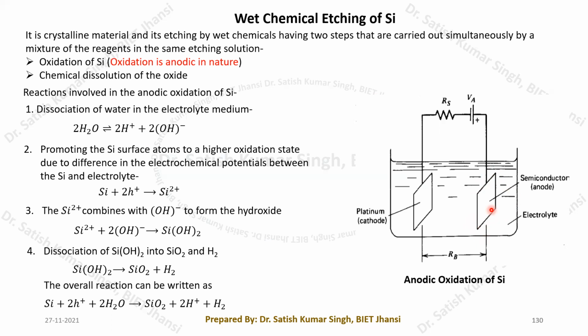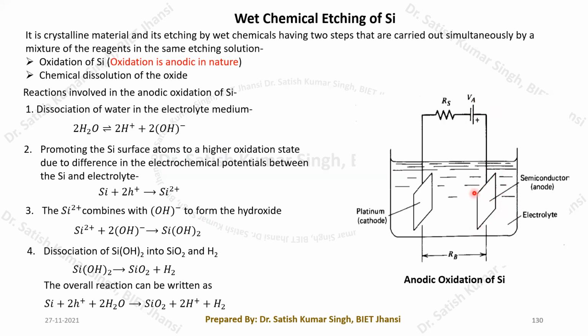If it is a p-type substrate, then due to the positive side of the battery, and because holes are the majority charge carriers in p-type semiconductors, to maintain the potential difference between the electrolyte and the electrode, the holes within this semiconductor are repelled by the positive power supply and will be available at the surface.